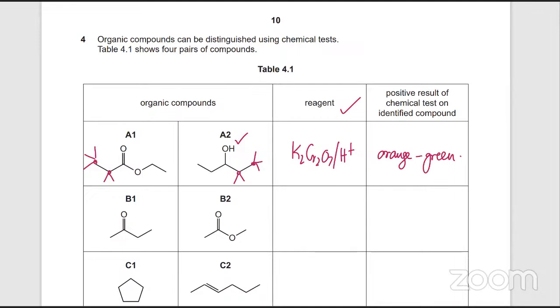Next one again: this is an ester and this is a ketone. What will you do? Sir, we'll reduce the ketone. How about 2,4-DNPH? Yes, sir. Because if you reduce ketones, you don't have any visible result. 2,4-DNPH will identify a carbonyl group. 2,4-DNPH is this one.